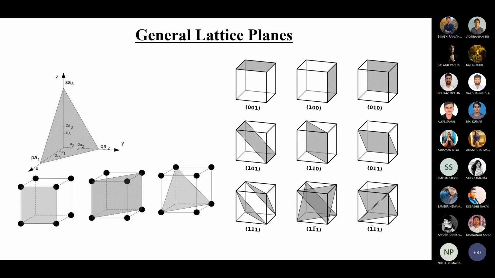Families of directions are written with the angle brackets, the triangle shape bracket, with the HKL direction. And then planes, HKL plane, should be in round brackets, and families of planes in curly brackets. All those things we have already gone through, but we should be very careful about these things.